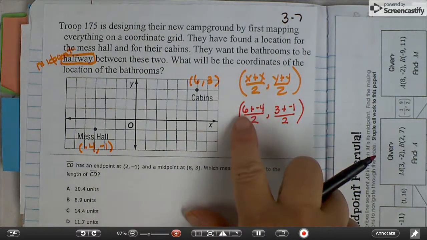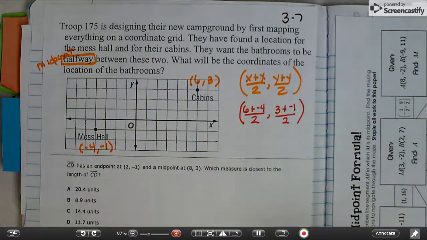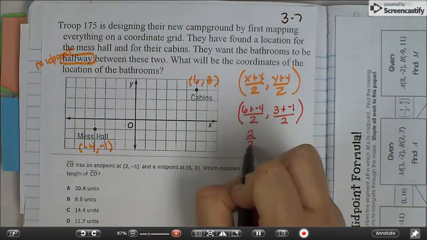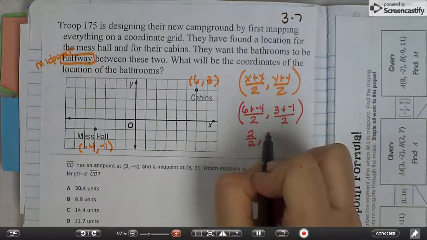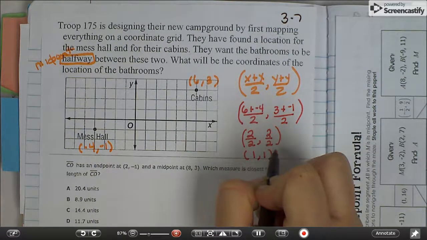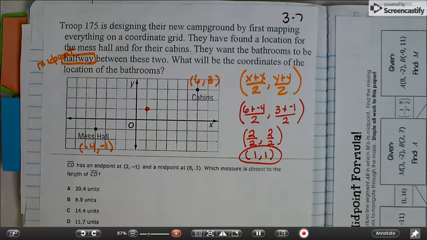Okay, I could have also written negative 4 plus 6 or negative 1 plus 3. It doesn't matter because addition is commutative. All right, 6 plus negative 4 is 2. 3 plus negative 1 is 2. So the midpoint would be at 1, 1. Right there. That's where the bathrooms would be.